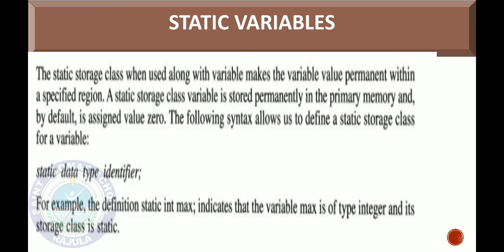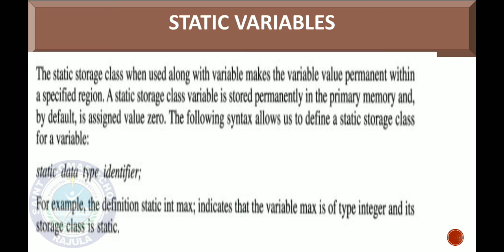Here the example is static int max, where static is our keyword, int is our data type, and max is our variable name. That indicates that the variable max is of type integer and its storage class is static. So here we have discussed all the storage classes provided by the C language.